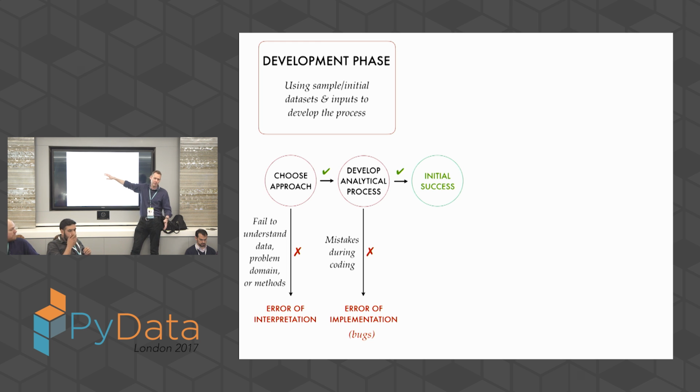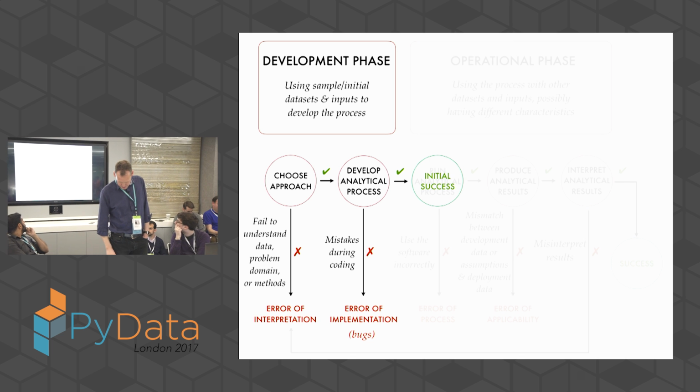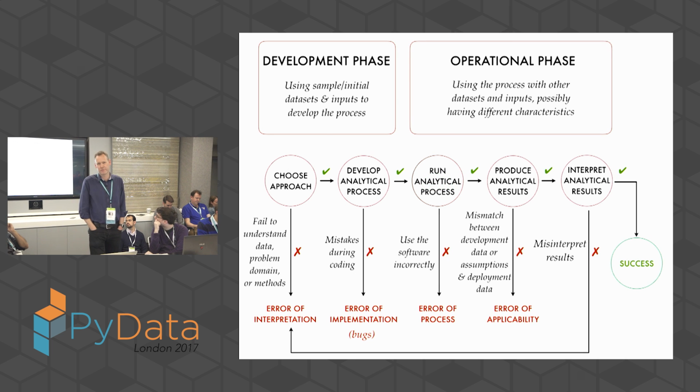Whatever it is on our sample data will now be right. We'll have summed the salaries correctly, or we'll have built a useful model, or maybe not even a useful model, but at least a correct model, a model that's doing what it's supposed to do. And so that's our kind of initial success. And it used to be that that's pretty much all there was to most modeling. But I don't know about you, but what I find these days is that there's almost always an operational phase as well.